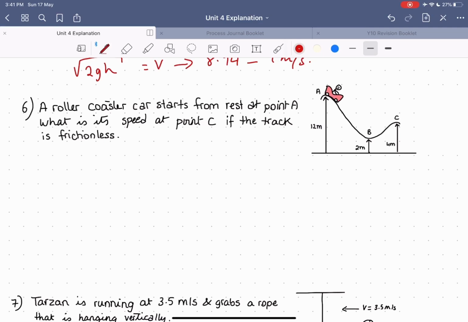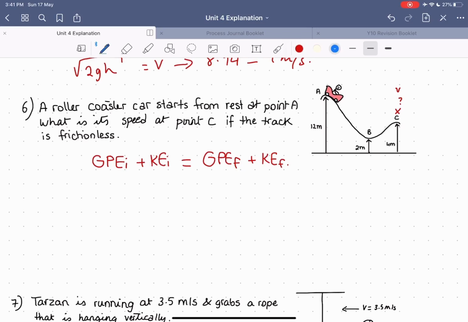For question 6, we have a roller coaster car that starts from rest at point A. We want to find the speed of the roller coaster at point C. So at this position, what is the velocity? If the track is, again, frictionless, we will say GPE initial plus KE initial is equal to GPE final plus KE final.